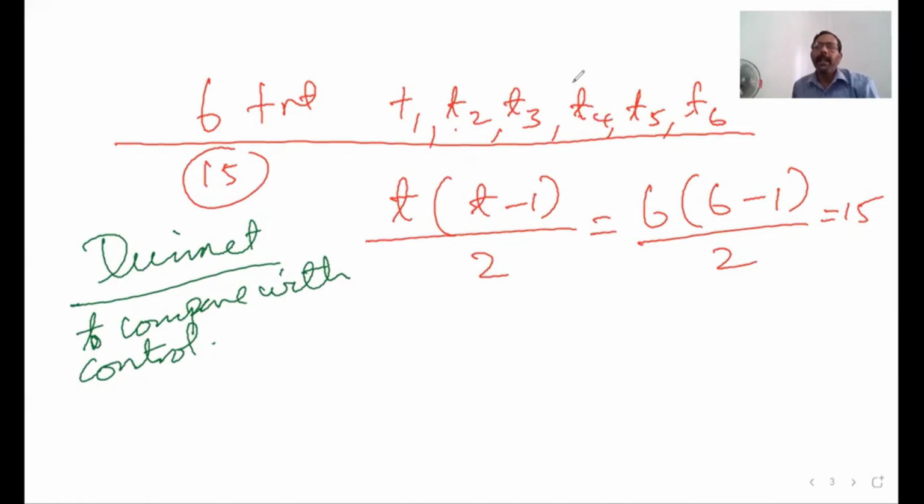Not necessarily. Anyone? Now let's say the condition, go ahead. What condition are we going to test for that control, we won't consider. We won't give that condition.